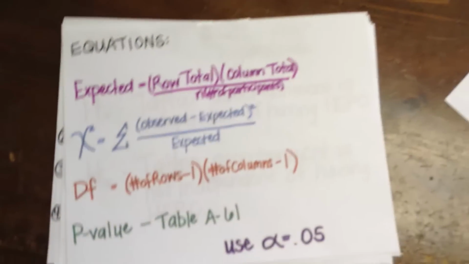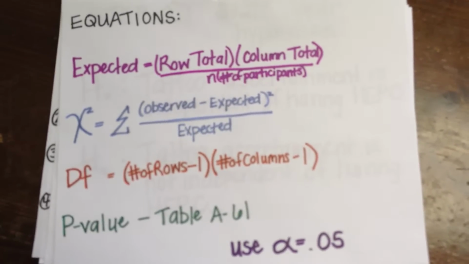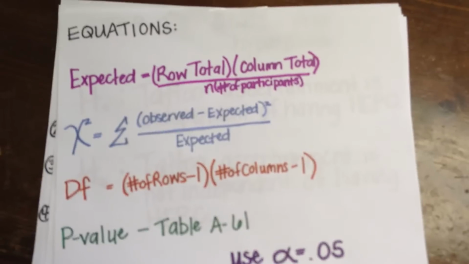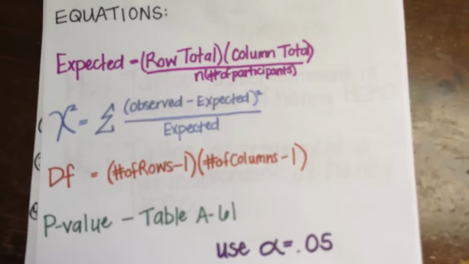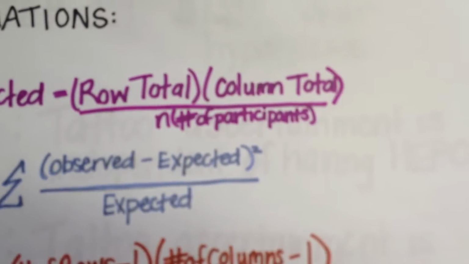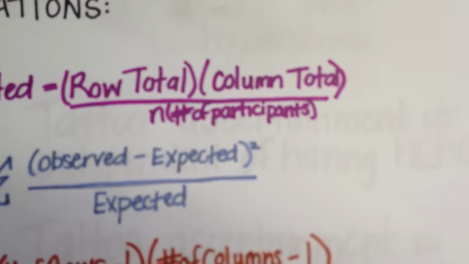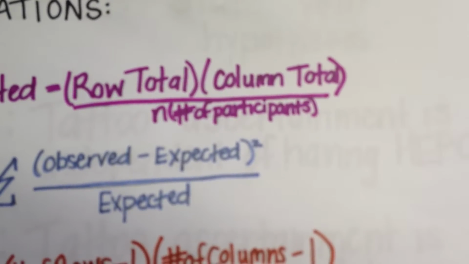On the next page, I have the equations that are going to be used in this problem. The first one is our expected equation, which is the row total times column total divided by number of participants. Feel free to write this down for a later time.